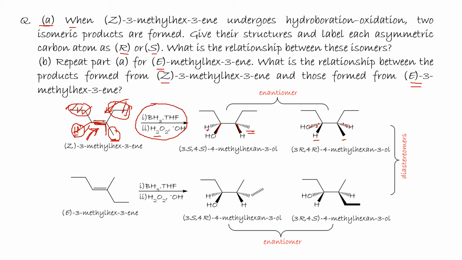Now come to the E isomer. Hold the molecule from these two. Now, if we add the OH in here and the H in here from the front, this one will be in the back and the hydrogen on that carbon will be in the back.